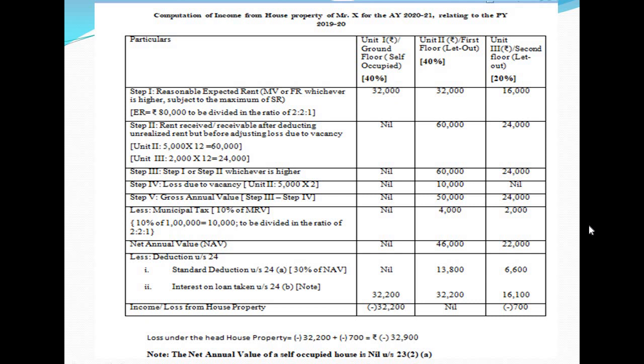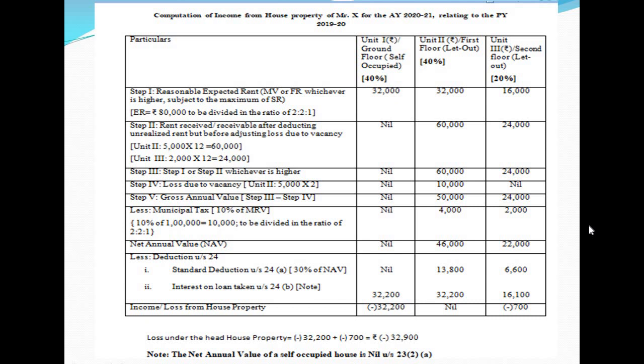Then after deducting the municipal tax, we'll get the net annual value. For the first unit, it will be nil. For the second unit, it will be 46,000, and for the third unit, it will be 22,000. Then from the net annual value, we have to deduct the deduction under section 24. First, the standard deduction under section 24(a), which is 30% of the net annual value.